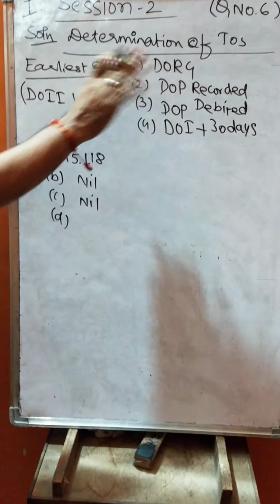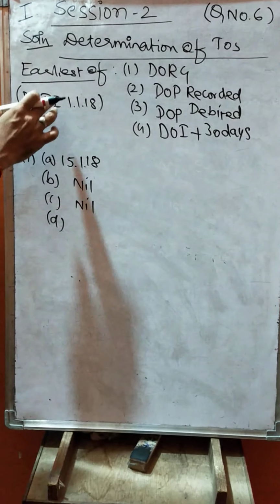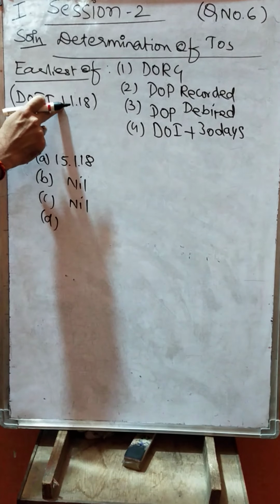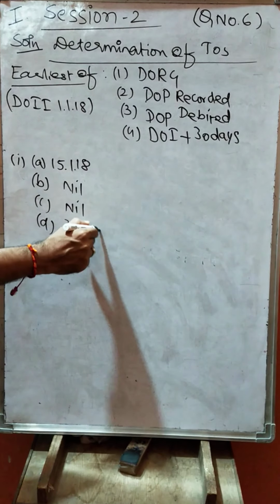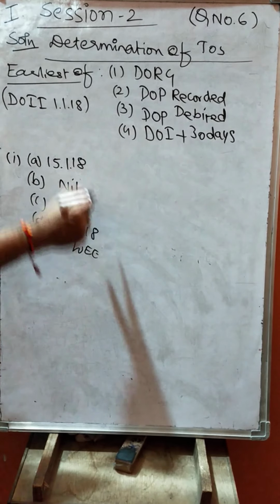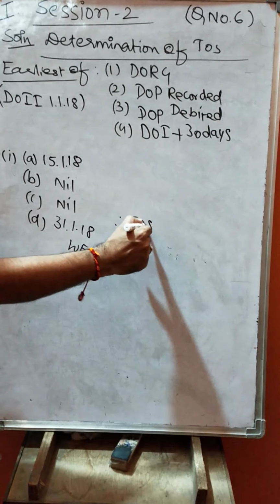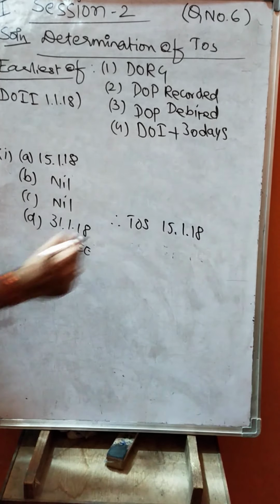Date of payment recorded is not given. Date of payment debited is also not given. So last date is the date of invoice plus 30 days. So date of invoice is the 1st January. Then when we are adding 30 days, it will become 31st January. In these 4, whichever is earlier, look at the 4 dates. So therefore, time of supply is 15th January 2018.